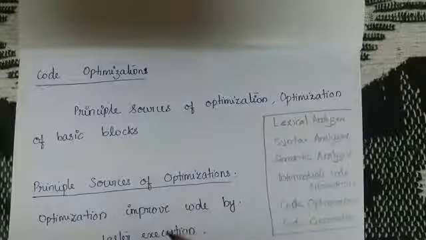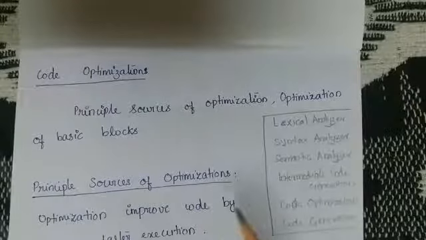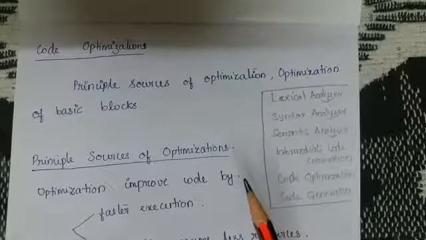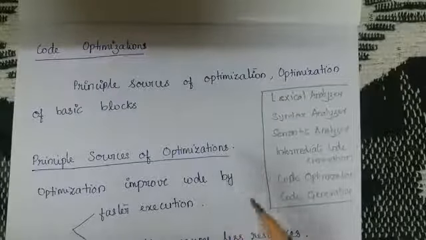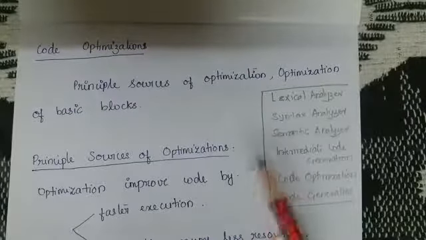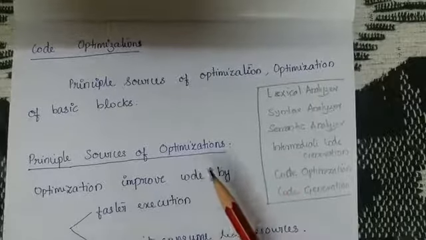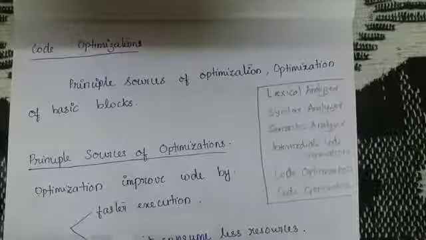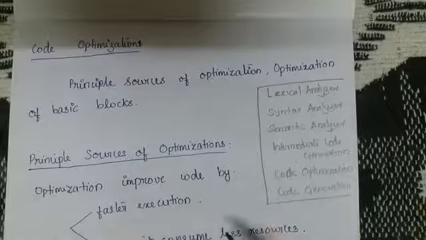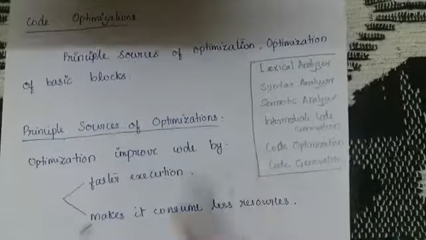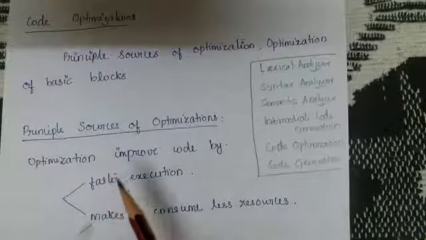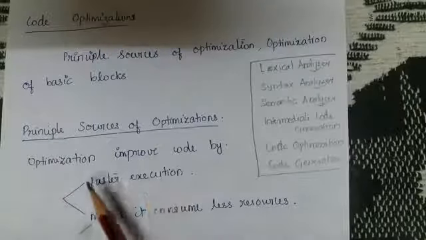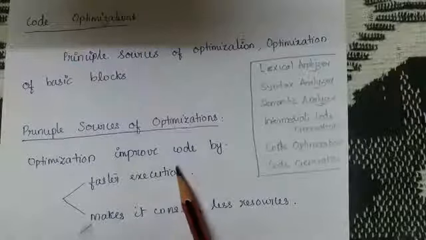Optimization means you are going to improve the code that we have generated. We need to improve the code, and that is known as optimization. Optimization is improving the code.